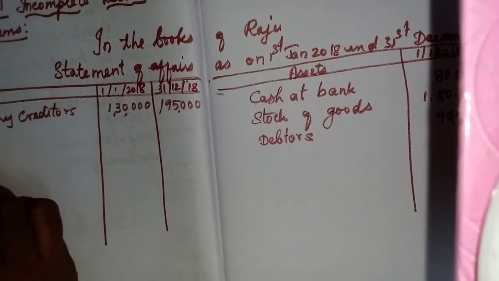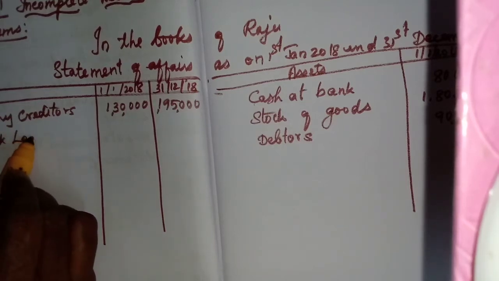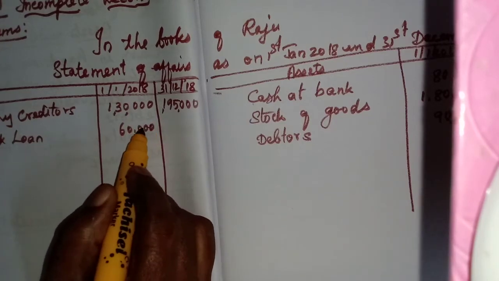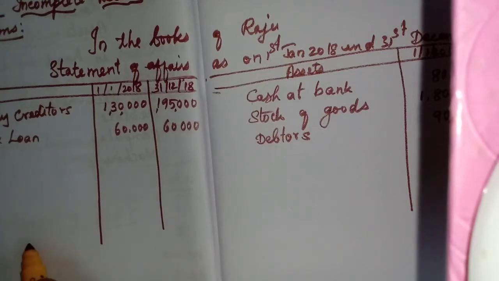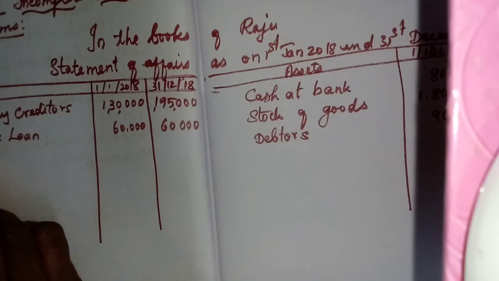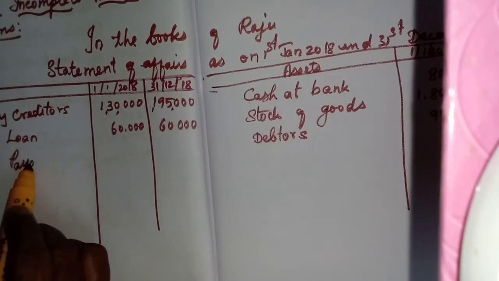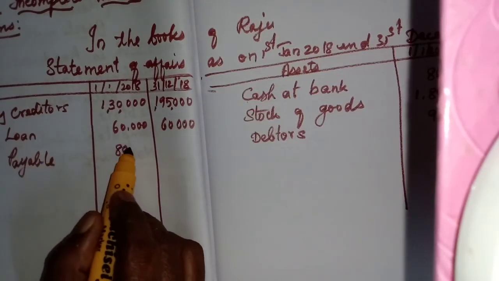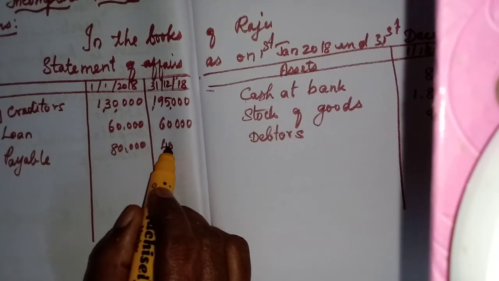Then bank loan 60,000, 60,000. And bills payable 80,000, here 45,000.